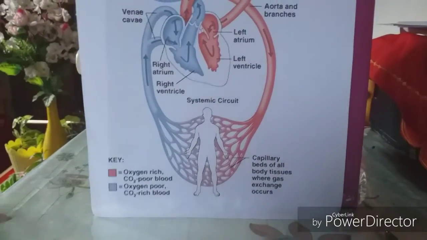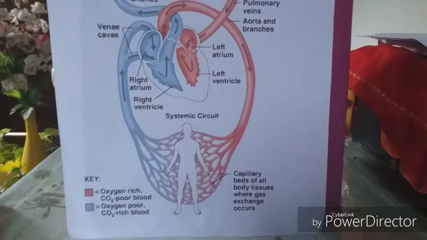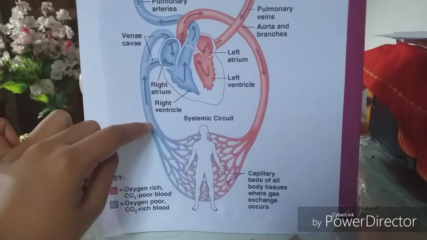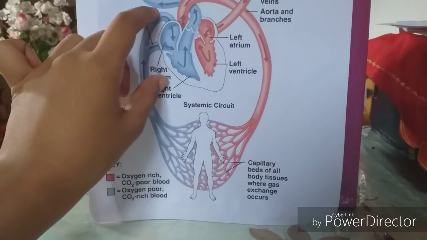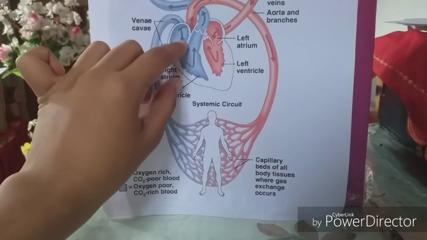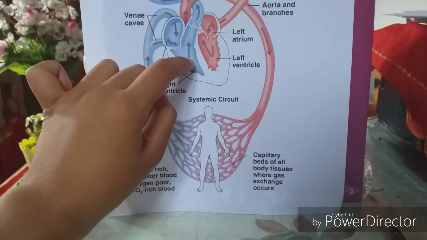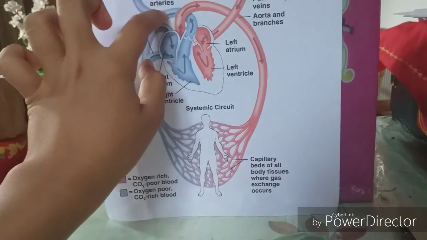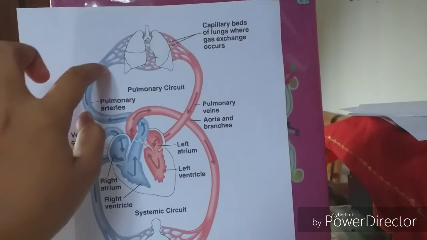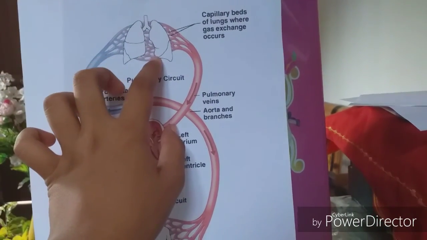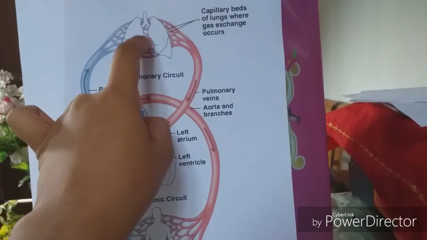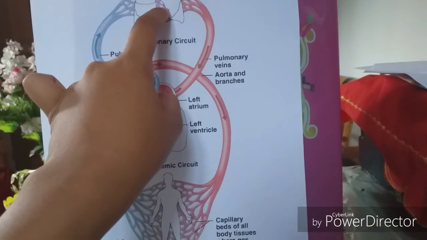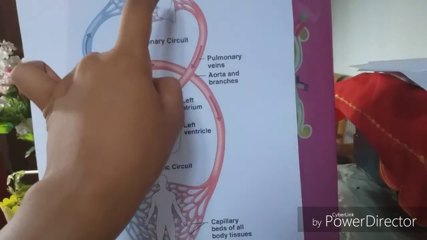So if we're going to trace the blood flow in our body, first the deoxygenated blood from the body goes to the vena cava. Then it enters the right atrium and then the right ventricle. Then it enters the pulmonary arteries and goes to the capillary beds of the lungs, where the gas exchange occurs, where the deoxygenated blood becomes oxygenated and the oxygen-rich blood releases its oxygen.